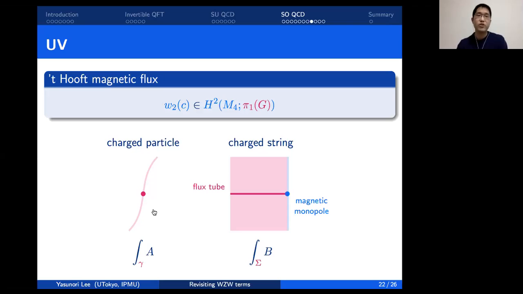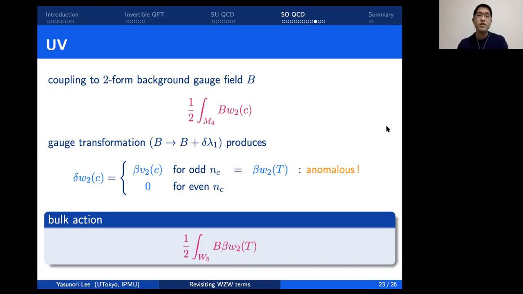As we all know, for a charged particle, one can couple it to a one-form gauge field A. Similarly, for a charged string, one can consider coupling it to a 2-form gauge field B. So the coupling can be written like this, but there's one problem.